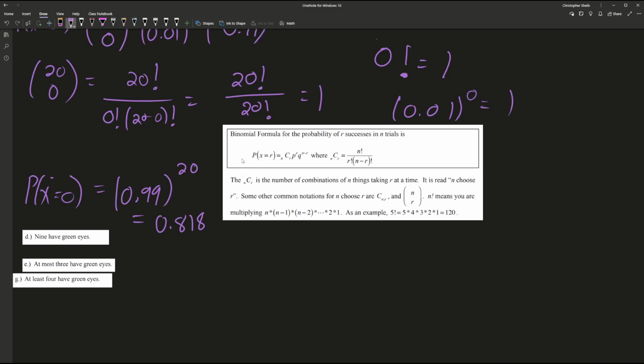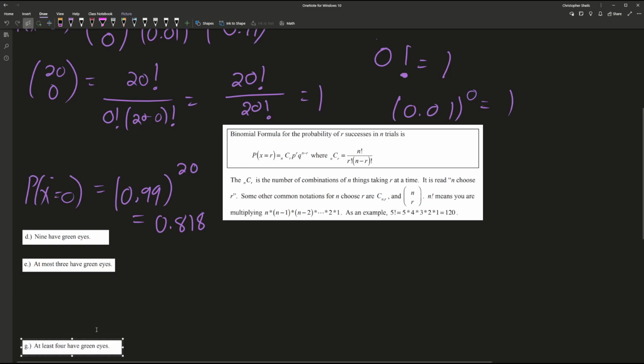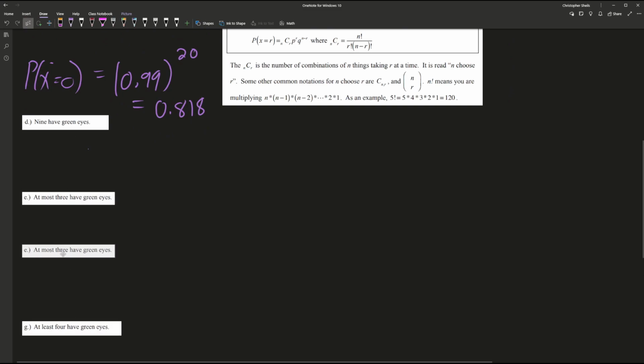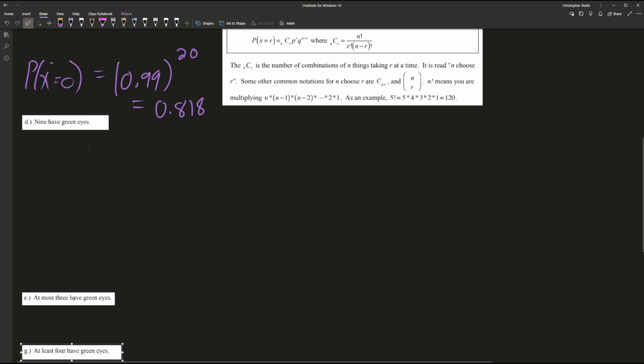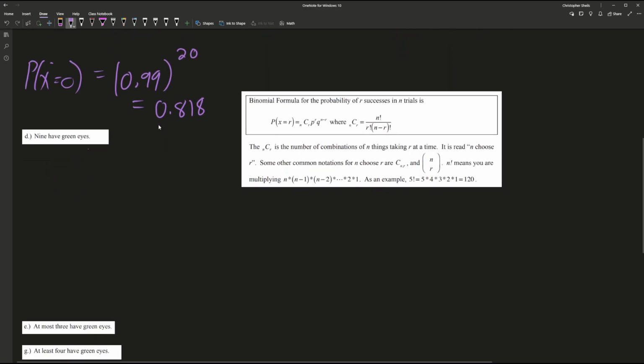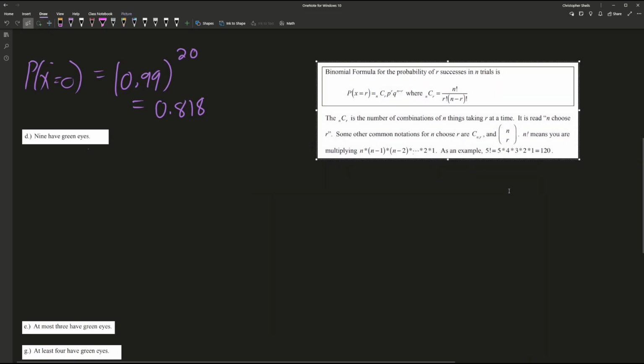And let's find the probability that 9 have green eyes. So once again, we're going to use this formula. Here we want the probability that x equals 9.